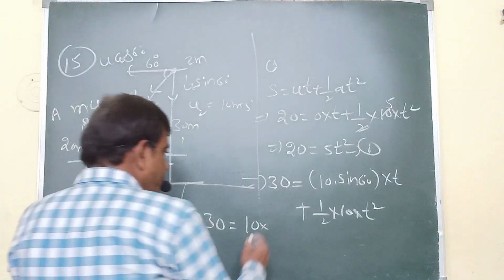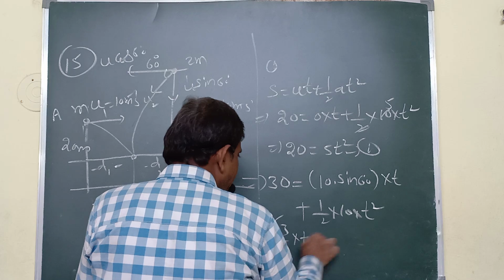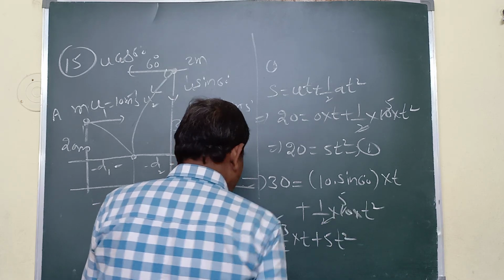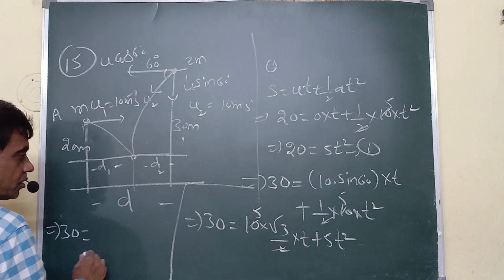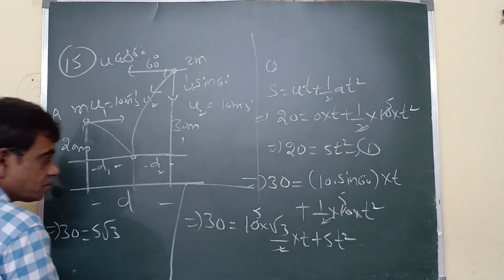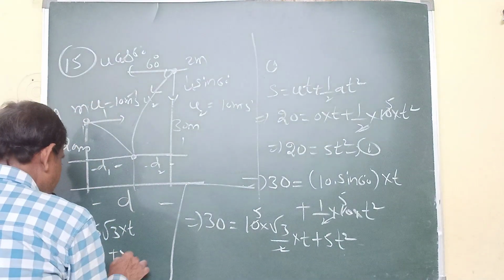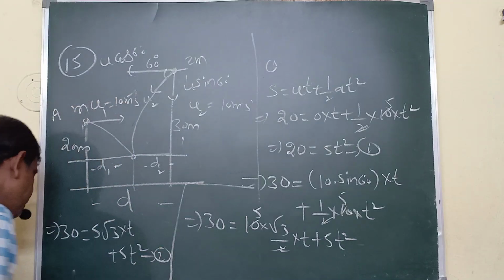Root 3 by 2, into t, plus 5t square. So finally, 30 equals 5 root 3 t plus 5t square. I am taking this as the second equation.